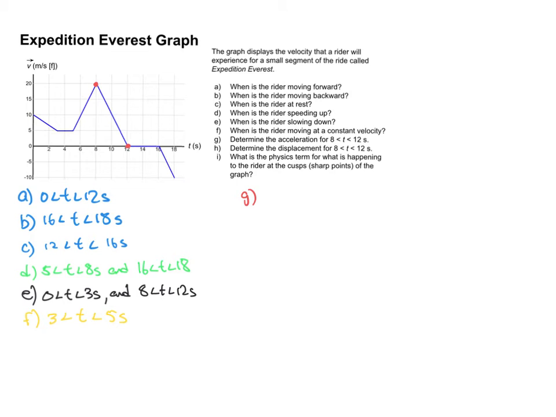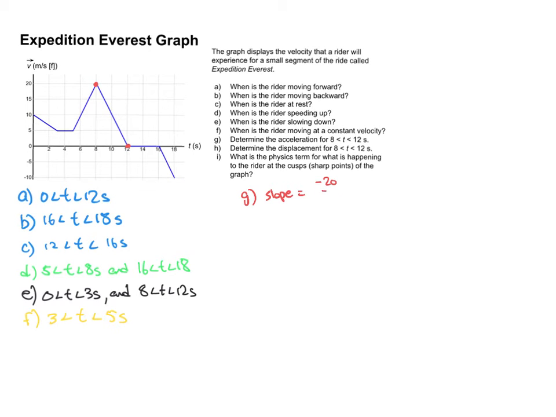So we can calculate the slope of that line segment, which is rise over run. In this case, the rise is negative. The function's decreasing. So it goes from 20 down to 0. So the rise is actually negative 20.